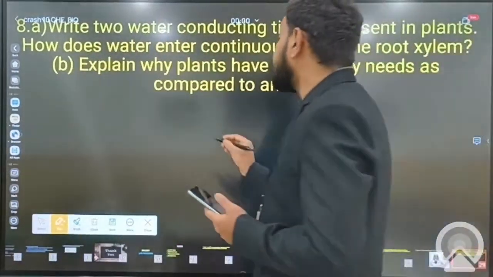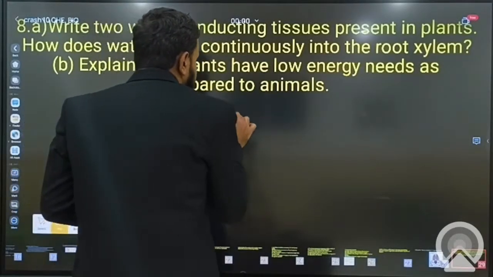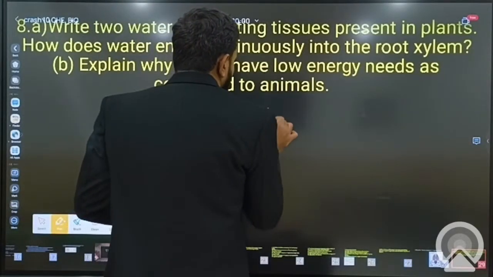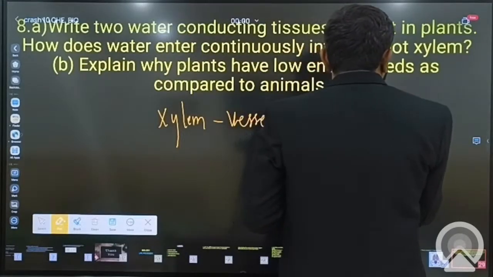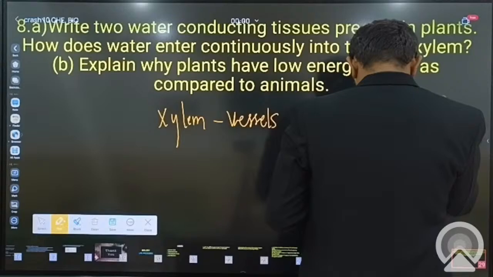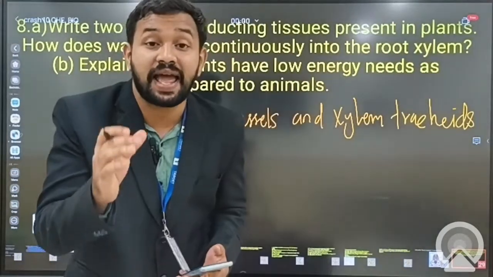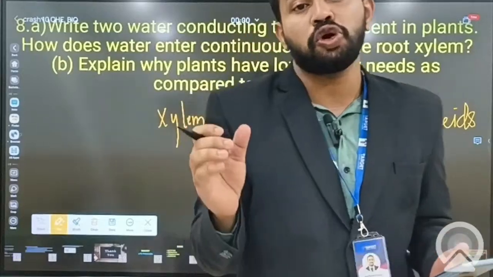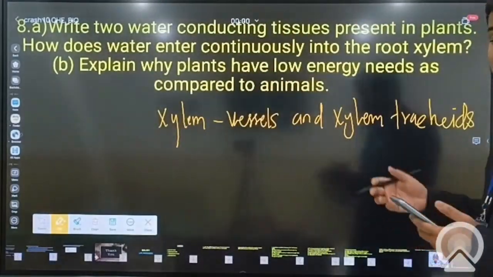They are xylem vessels and xylem tracheids. Xylem vessels and xylem tracheids are two water transporting tissues found in plants.